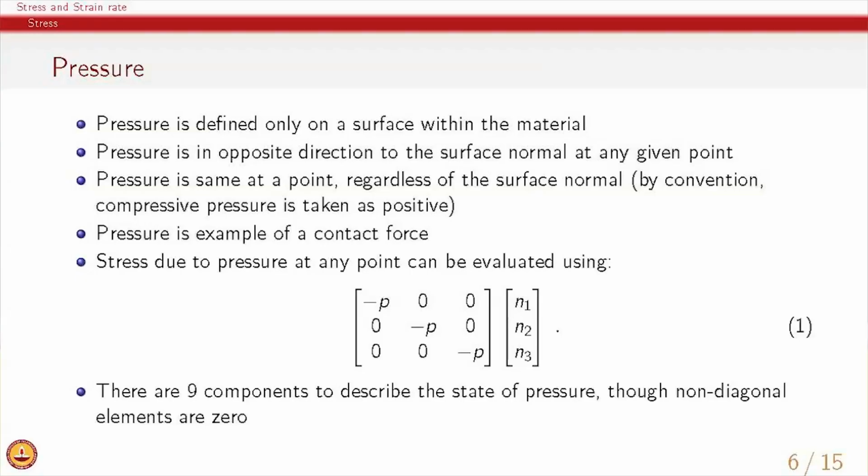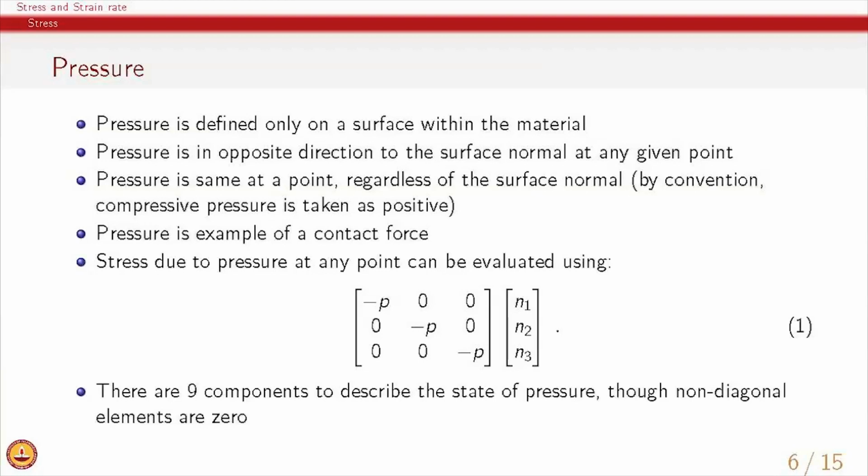Generally, to specify the state of contact force, all 9 components will be needed, because pressure is a specific type of contact force which is uniform regardless of the surface normal. Given that the surface normal does not determine the amount of stress, we have this specific form where the diagonal terms are all identical to each other, and by convention we write it as minus p, while all the off-diagonal terms are 0.